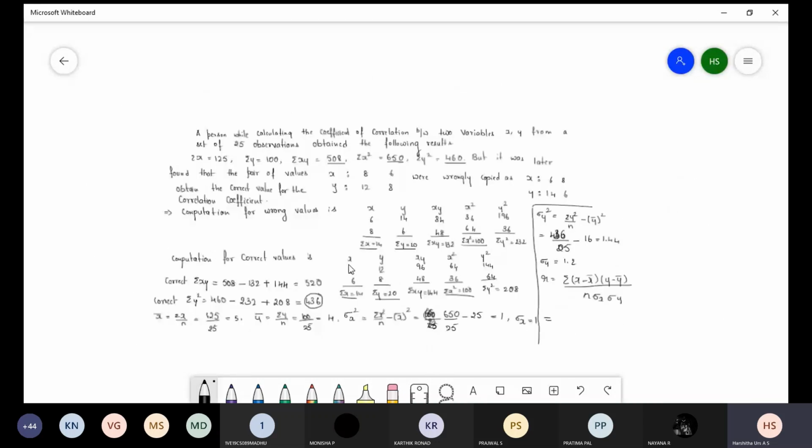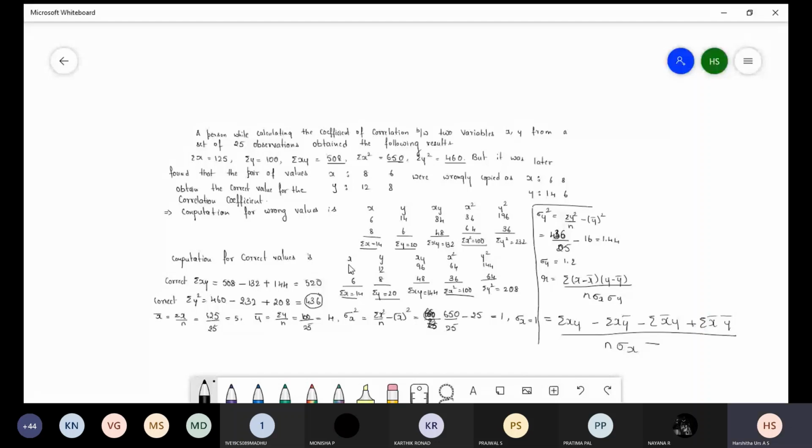I multiply this x into y: xy minus sum of x into y bar minus sum of x bar into y, minus into minus plus sum of x bar y bar, divided by n into sigma x into sigma y. I write here.